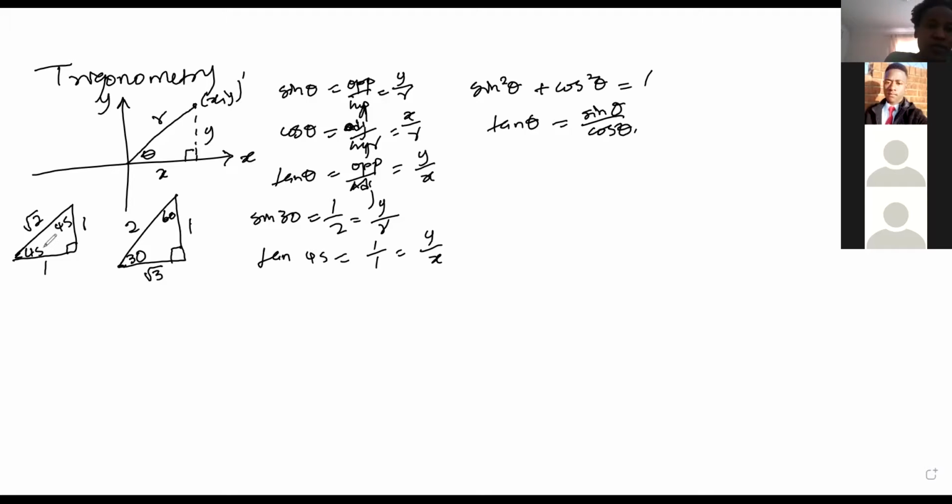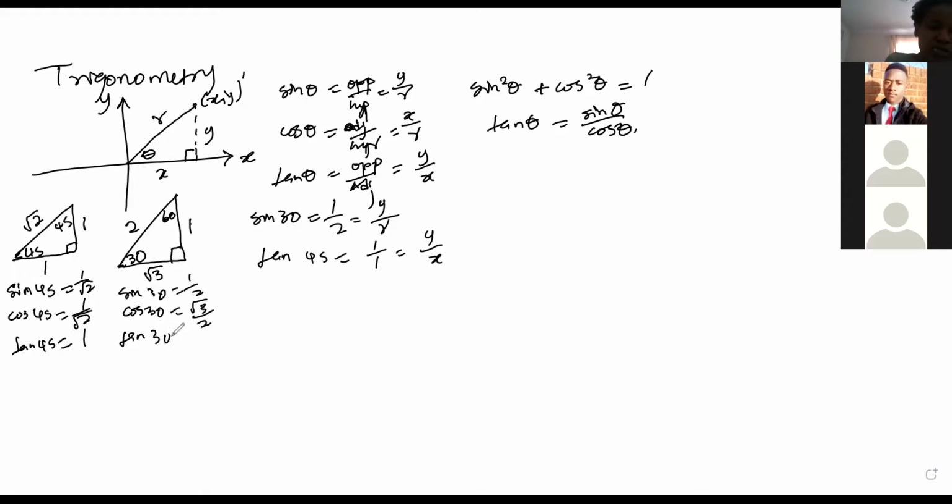So then sine 45 will be 1/√2. Cos 45 will be 1/√2. Tan 45, we know is 1. Okay. Then sine 30, we said is 1/2. Cos 30 will be √3/2.